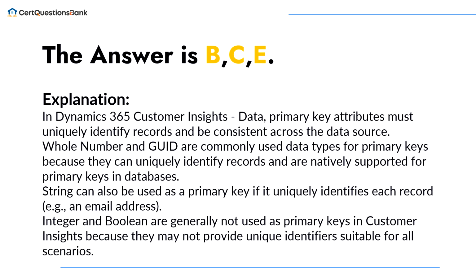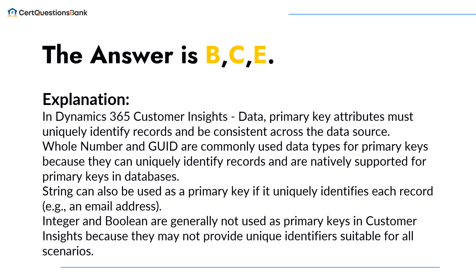The answer is BCE. In Dynamics 365 Customer Insights data, primary key attributes must uniquely identify records and be consistent across the data source. Whole number and GUID are commonly used data types for primary keys because they can uniquely identify records and are natively supported for primary keys in databases.